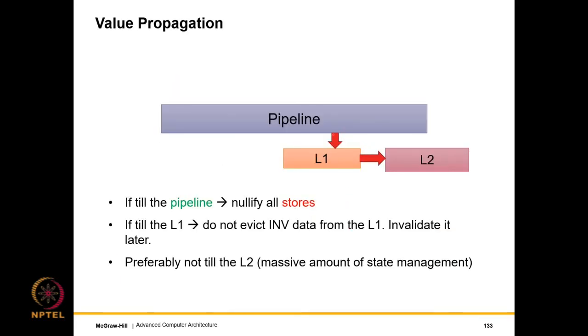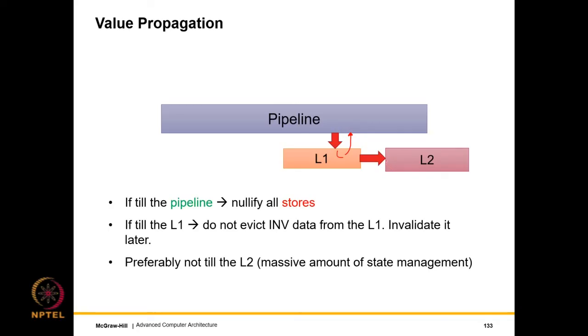So this is the typical architecture where we have pipeline, L1 and L2. So if we restrict the changes to the pipeline, well then we nullify all the stores, we don't write anything to architectural state. If it is still in the L1, then that's okay, we can have invalid data in the L1 and then it can be read back from here. But we do not allow any invalid data to go to L2.